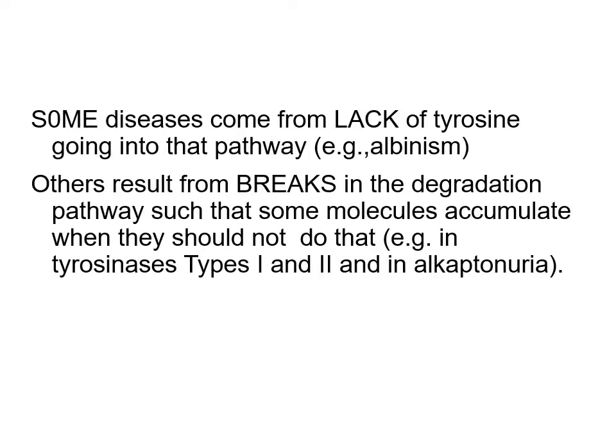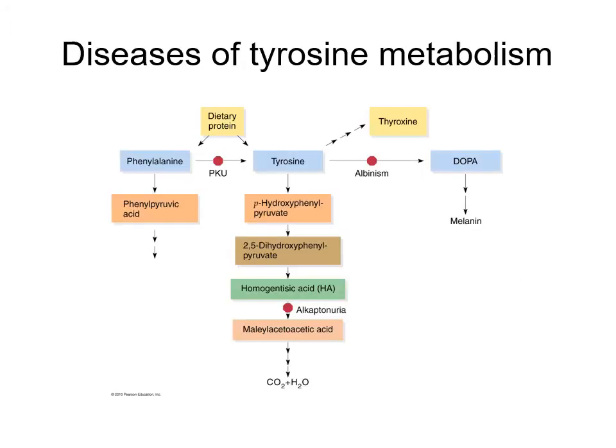There are diseases that result from lack of tyrosine going into a pathway, that example being albinism, where you need your tyrosine to create your melanin pigments. And the opposite, of course, is when the degradation process fails. That gives diseases: tyrosinemias types 1 and 2, and alkaptonuria.